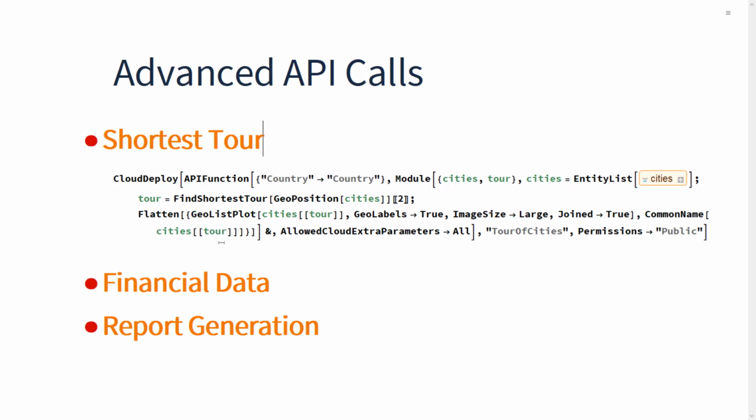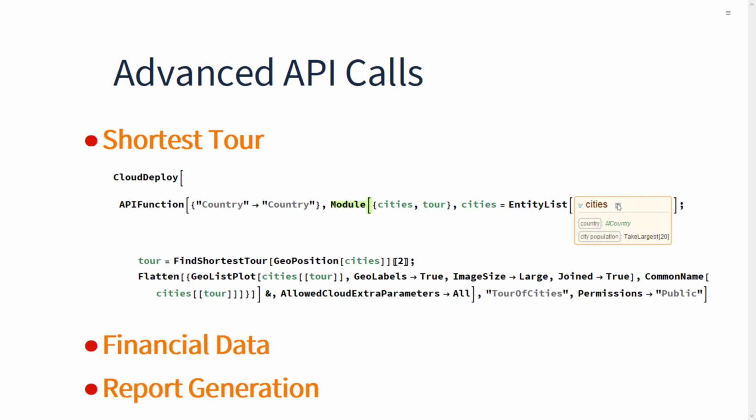But anyway, in this case, what we're doing is we are taking a country, and then we are getting the top 20 largest cities within that country, and we can see by opening up this entity box that it takes our variable country and takes the largest 20 cities.